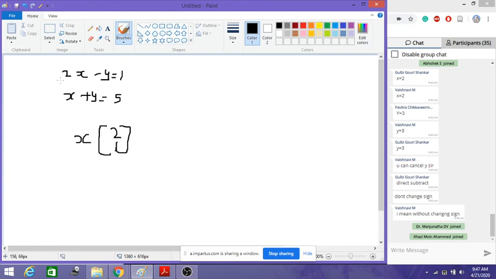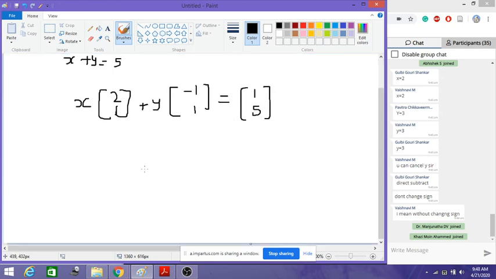So 2 and 1 are the coefficients of x, plus y times minus 1 and plus 1, and the right hand side, that is 1 and 5. So it can be written in this column form, and the column picture, if you write it here, will look something like this.